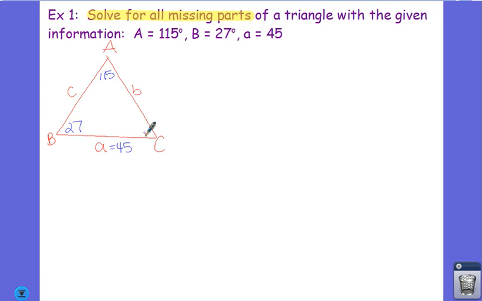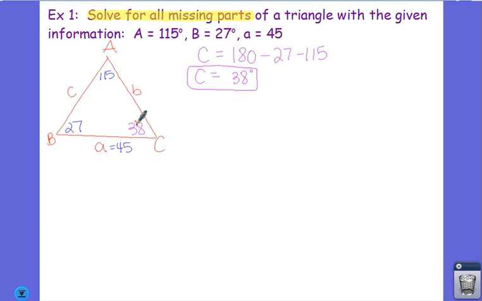So we're going to find capital C. I'm going to take 180 degrees, subtract 27, subtract 115. So if you type that in your calculator, you should get 38 degrees. I know that value. I'm going to put it on my triangle.